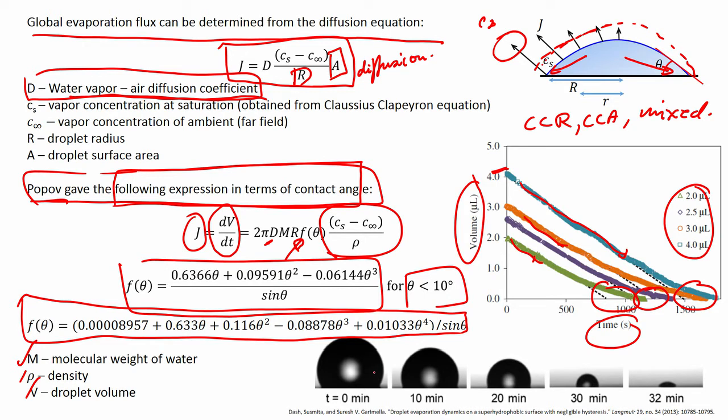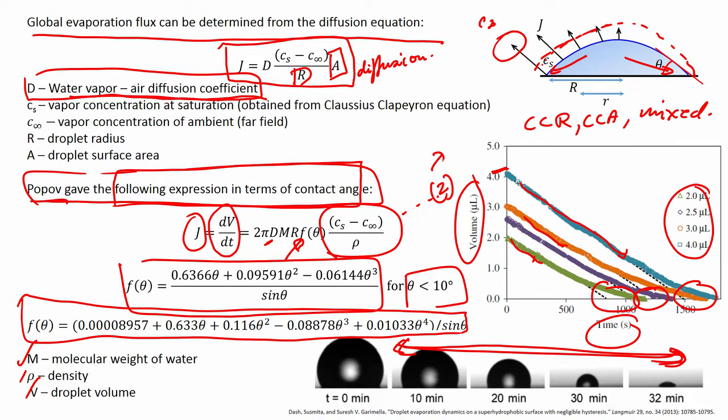And if you look at the time history of the droplet, it looks precisely something like this. In this particular experiment, you can see that the contact angle remains almost very similar in all the cases across the board. So these two expressions are important.